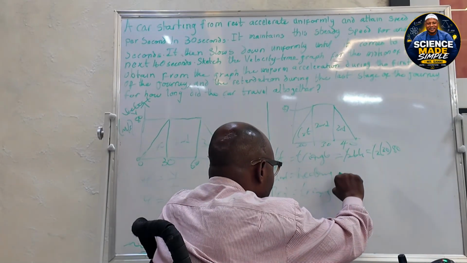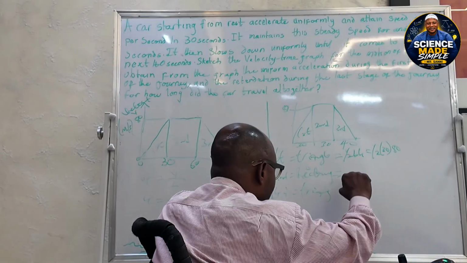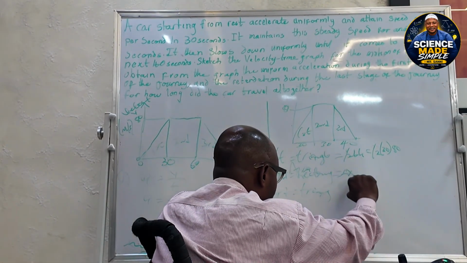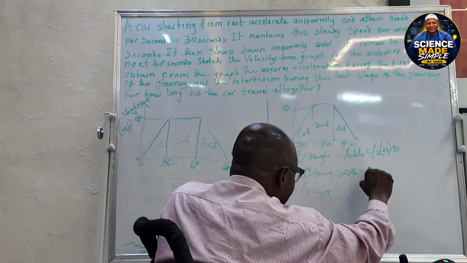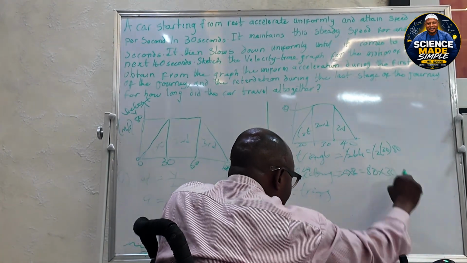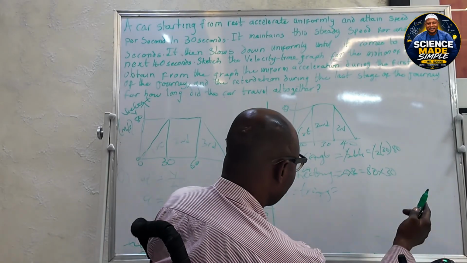The second one is the area of the rectangle, which is length times breadth. The length is 80 and the breadth is 30. The last stage is also a triangle.